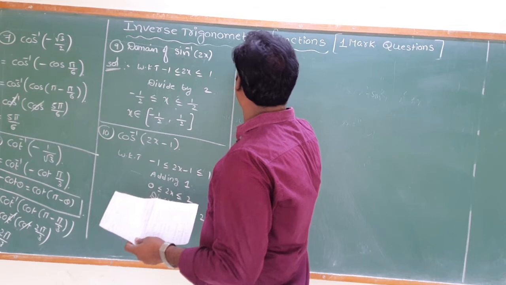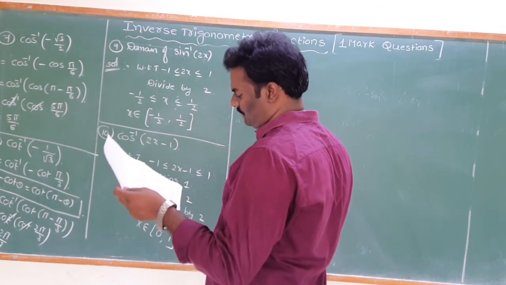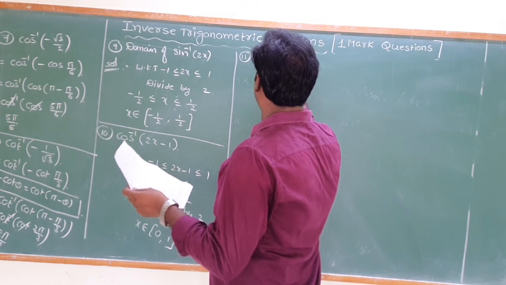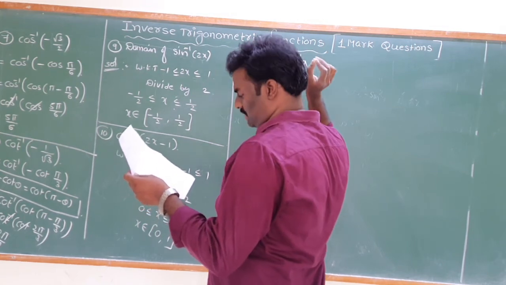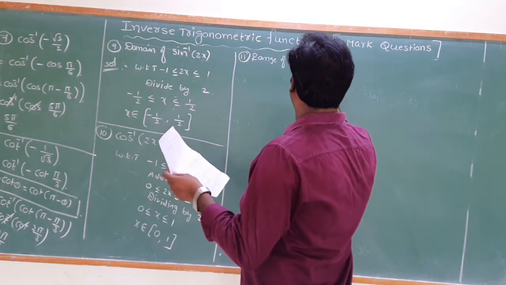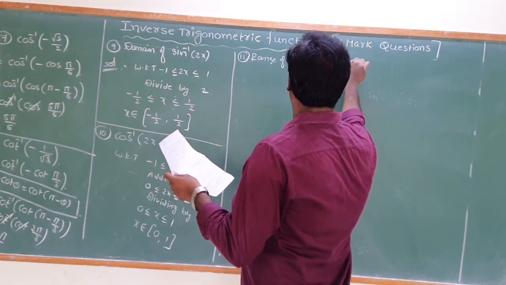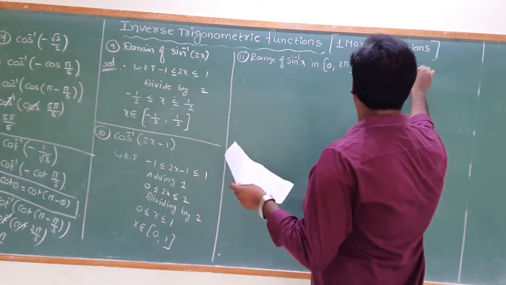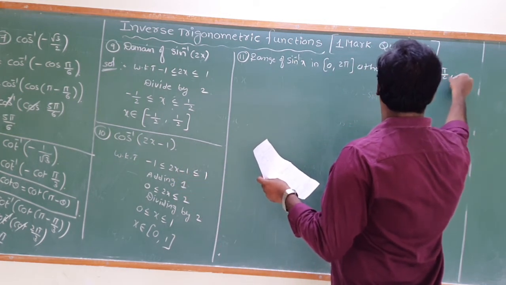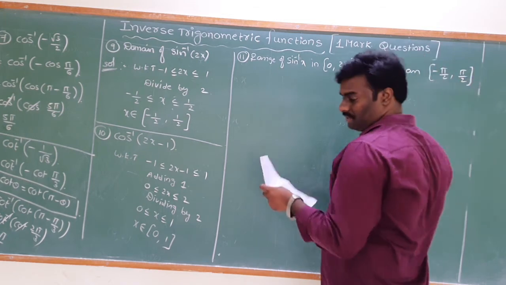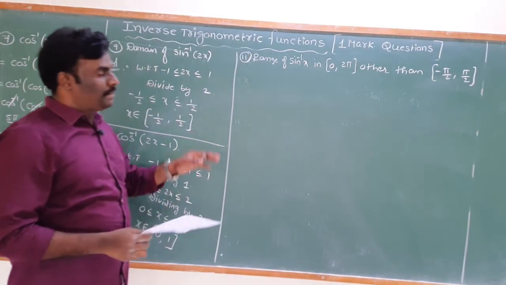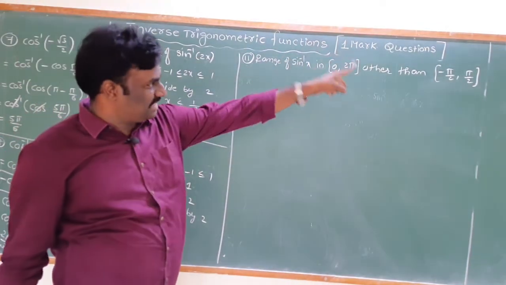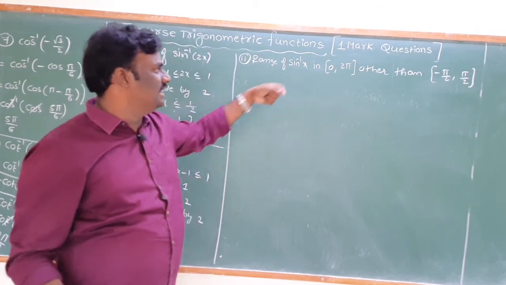Next, 11th question: range of sine inverse x in the interval 0 to 2 pi, other than the principal branch. Actually, minus pi by 2 to pi by 2 is the range, but other than that, in this interval, can you find the range?